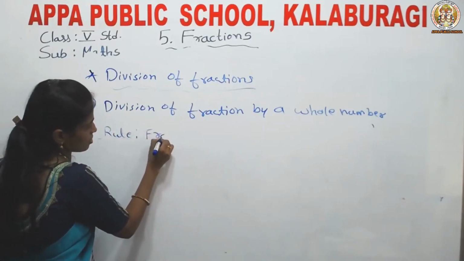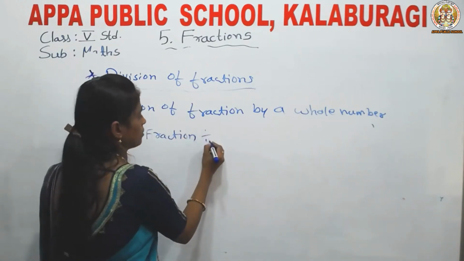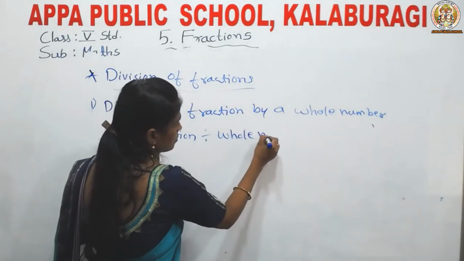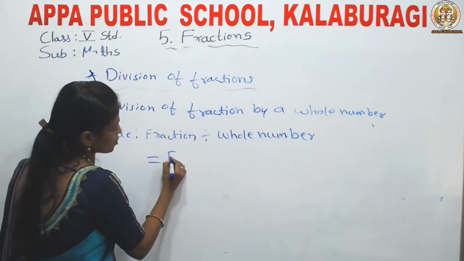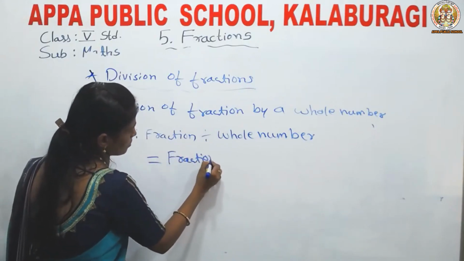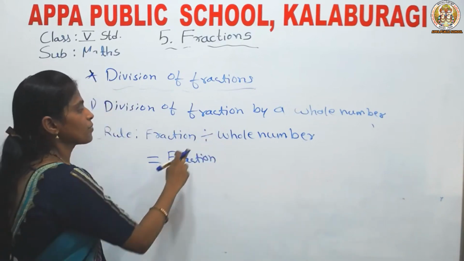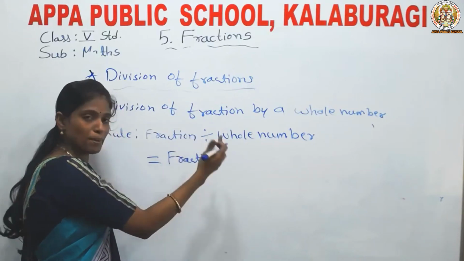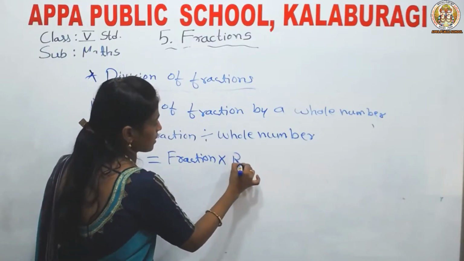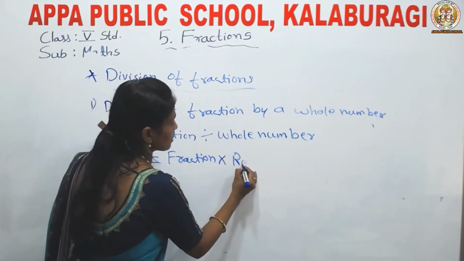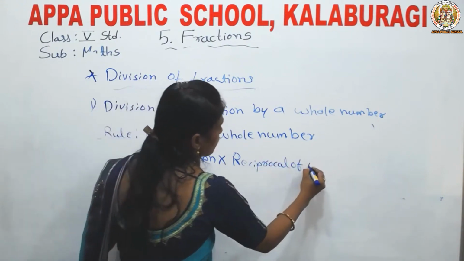That is, fraction divided by whole number is equal to fraction multiplied by the reciprocal of the whole number. Here, children, you should remember: the division sign is replaced by the multiplication sign. After that, the whole number becomes its reciprocal.